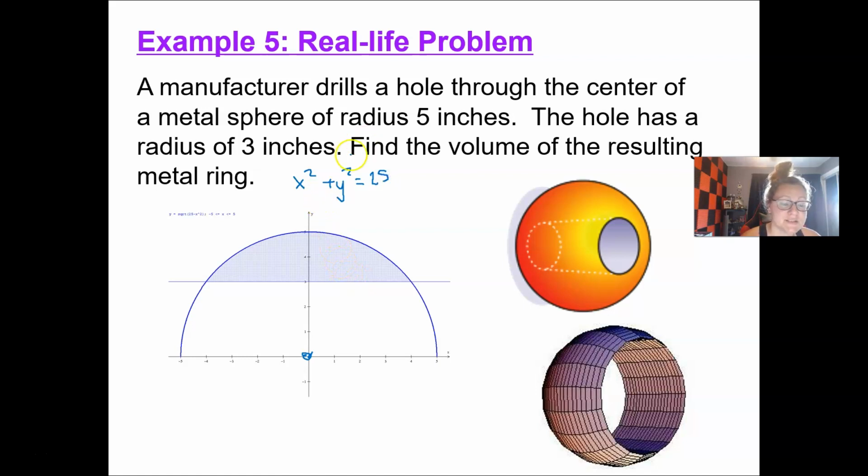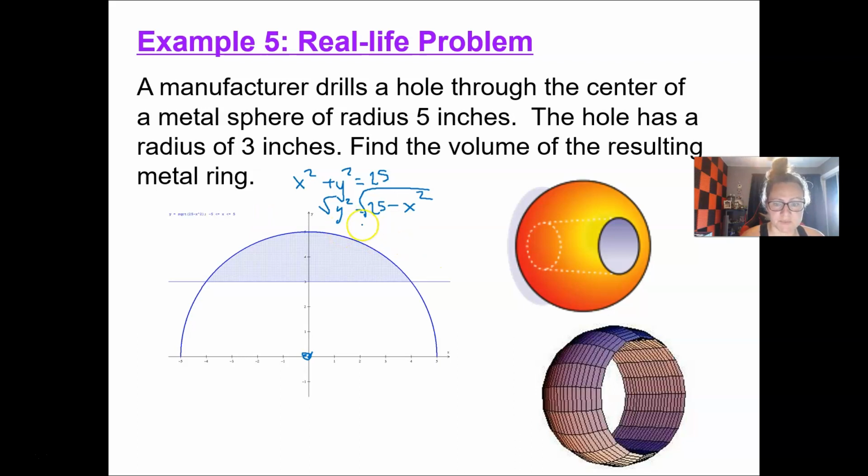So since it's with respect to x, I'm going to solve for y so that my function has the x's in it. So y squared equals 25 minus x squared, square root, and then see how it's only the top half of the circle? So it's only the positive. So it would be plus or minus, right? Since we put the square root.